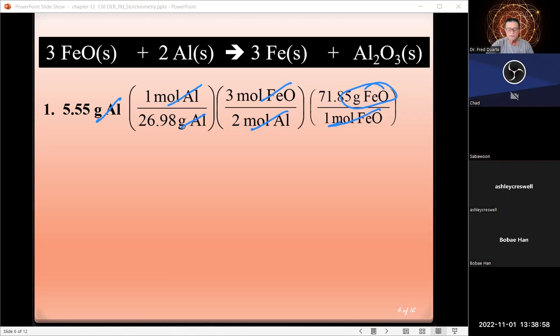All the other numbers in there, the conversion factors, do not play a role in sig figs. So that means that if I start off in the lab with 5.55 grams of aluminum, I need to weigh out 22.2 grams of iron 2 oxide to get this reaction to proceed with the proper ratios.